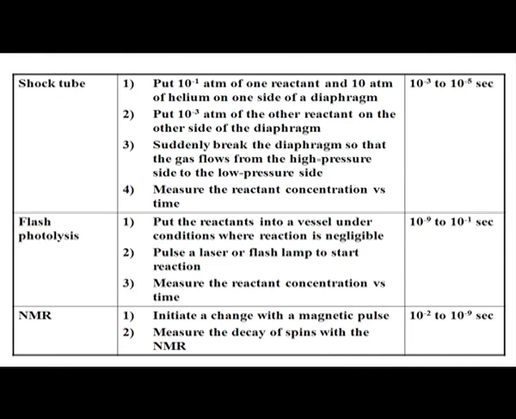In all the cases, you can measure reactant concentration or product concentration depending on your choice, or depending on which one is easier to do, whether it is easy or whether it is not easy.